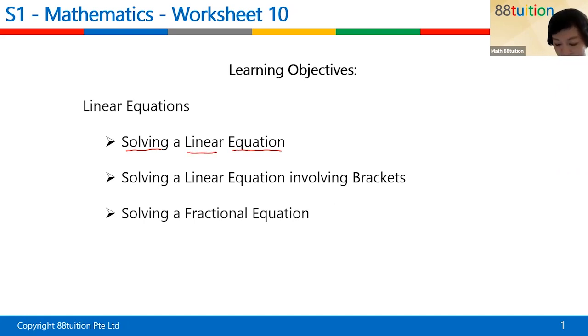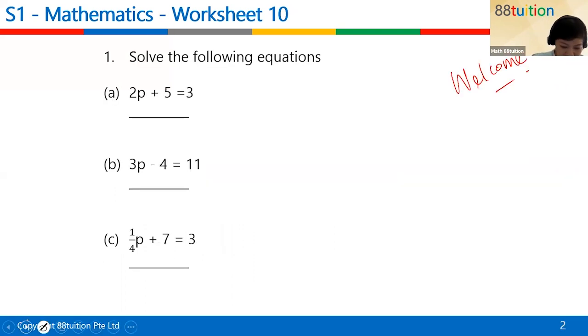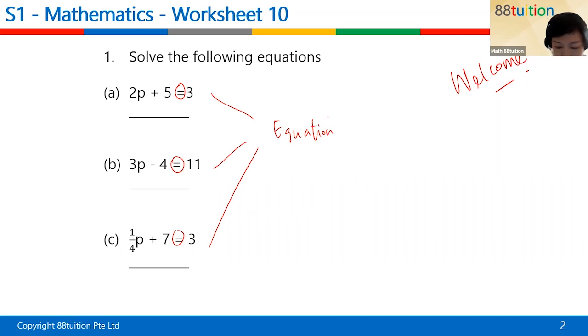What is a linear equation? It consists of variables, which come as alphabets, which you will see. An equation will have something like what I showed you earlier, with an equal sign. All of these, so long as you can see equal, we call them equations.